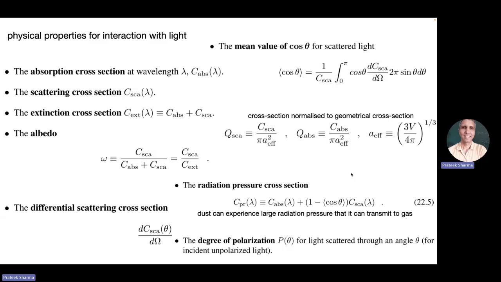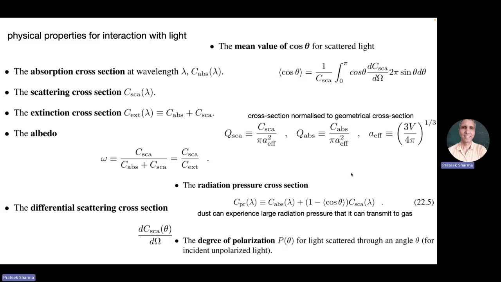Okay. Now, this problem of how dust grains scatter radiation is a classic problem of scattering of light by particles. So the setup is: you have a grain or a lot of particles together, and you have, say, linearly polarized light incident on it.